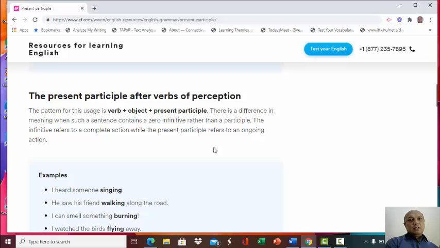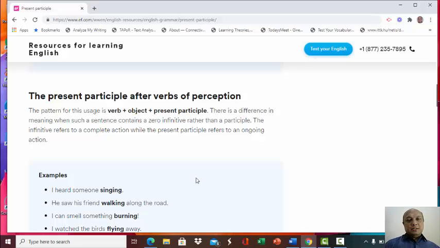Later I will explain that with the verb ing, with the present participle, it implies that the subject senses something which is unfolding, which is still ongoing.